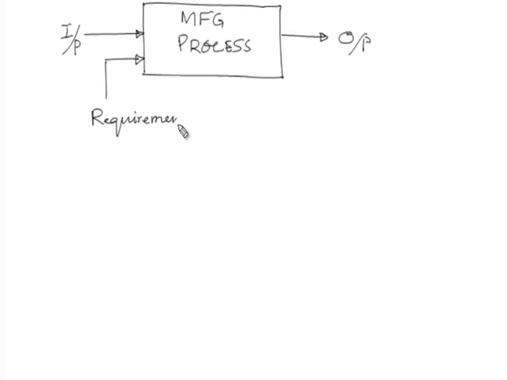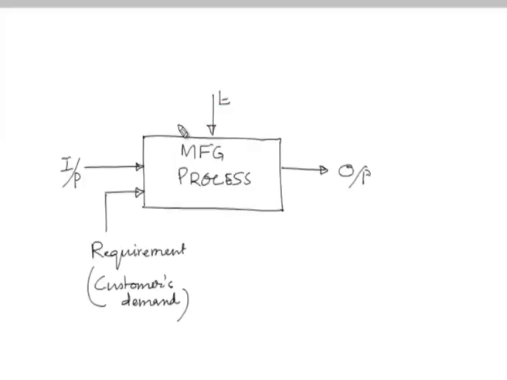These requirements will mostly be as per the customer's demand, what he wants, then the energy which will be used for conversion of the inputs to the corresponding output, then the input resources in the form of raw materials etc., then the machines, whatever machines are available there, or the resources we can say.